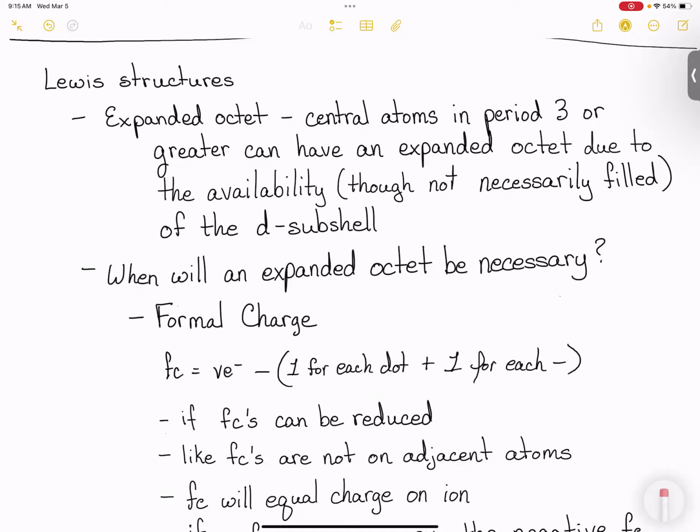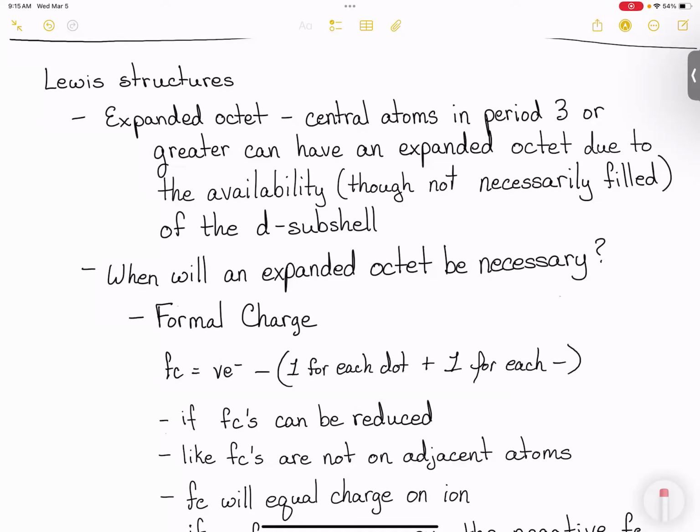The exception to that was hydrogen, which only requires 2, and boron, which only gets 6. But everybody else better have a total of 8 surrounding it. Once we gave our external atom an octet, if electrons still remain, they go on the central atom in pairs.